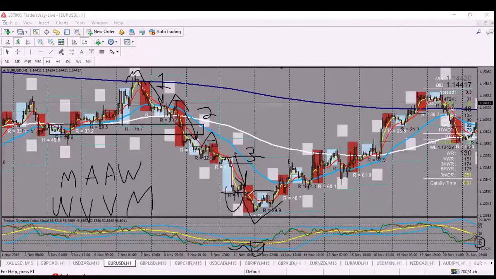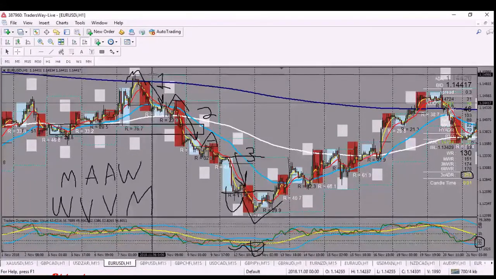This is a peak formation anchor point. So many things here, and our ADR 3 times 251. If we measure from this peak to this peak, it's about 280, so 30 pips off, right?